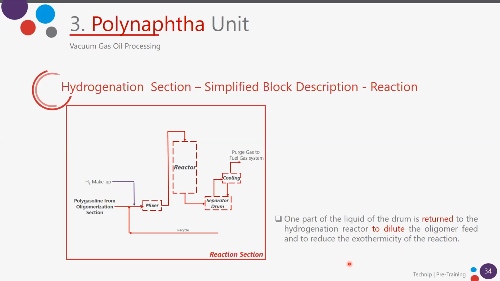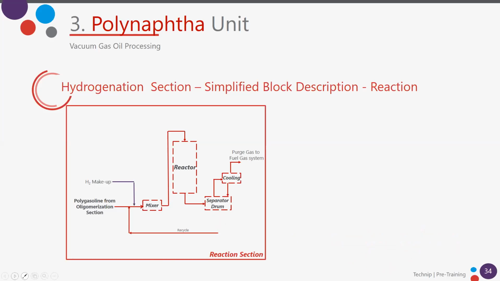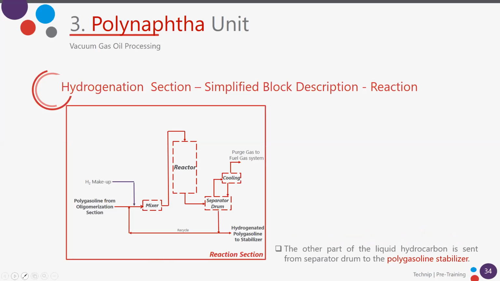What is the idea here? We use part of this liquid as recycle. The other part is sent to the polygasoline stabilizer, okay? So that we will see in the next slide.